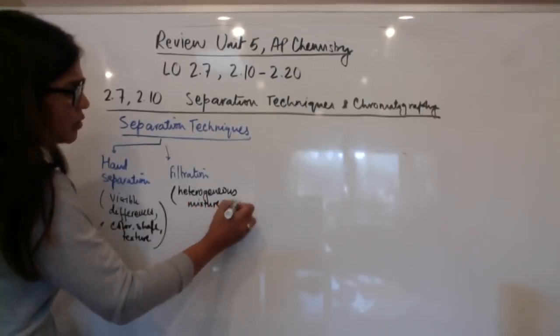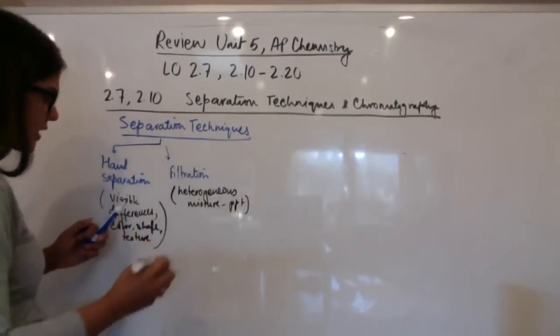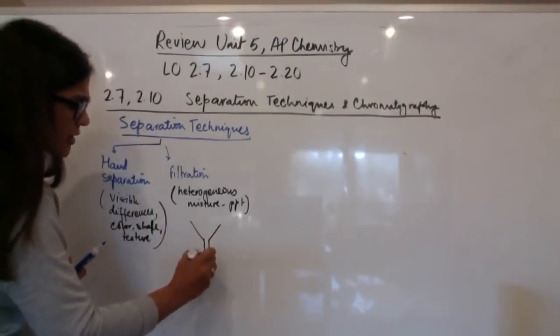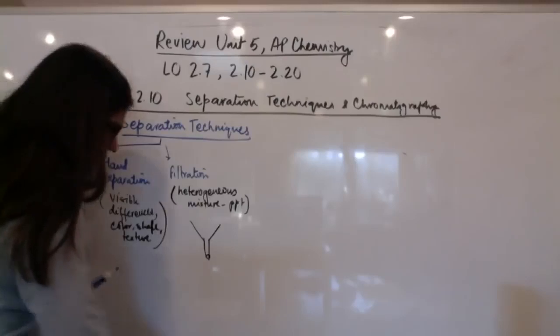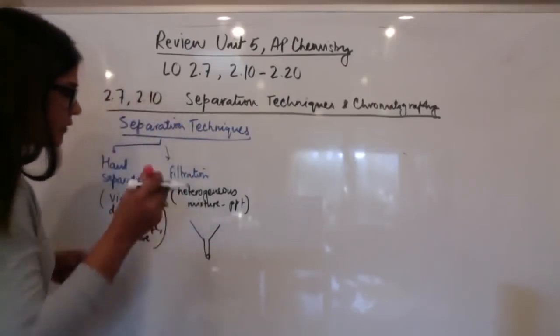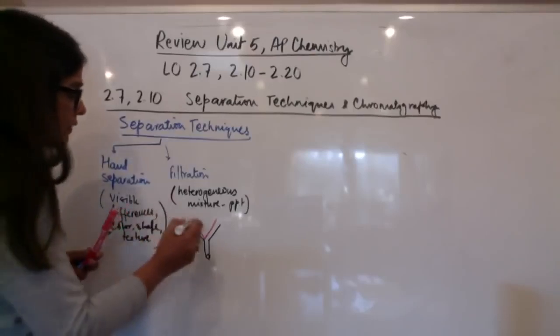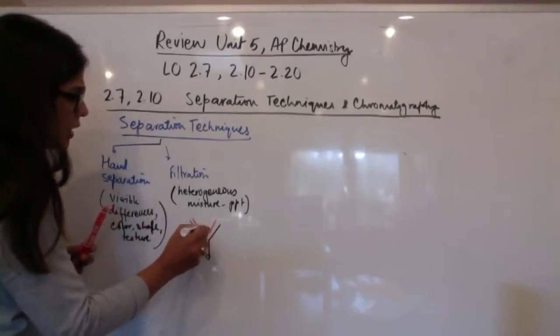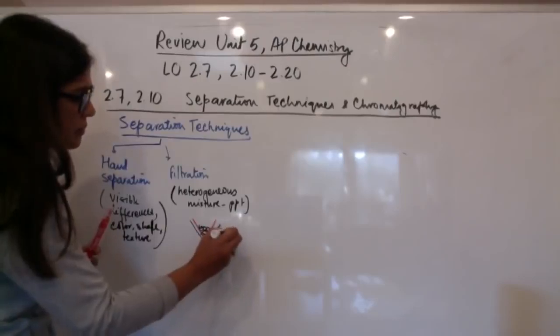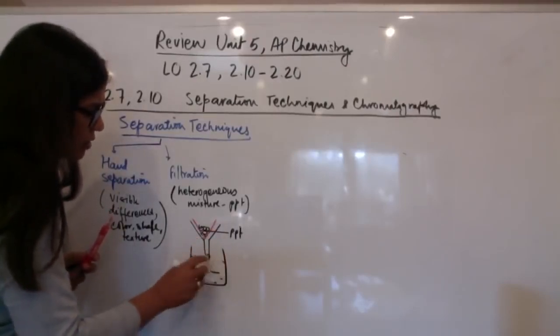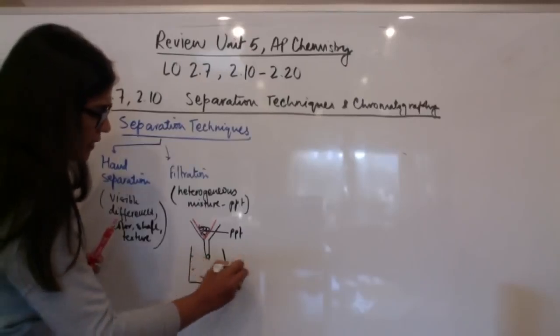In filtration, you use a very special sieve, which is our filter paper. And the filter paper has very teeny tiny holes that you cannot see. And when you pour a precipitate in here, the precipitate stays on the top. And what comes down is called the filtrate.